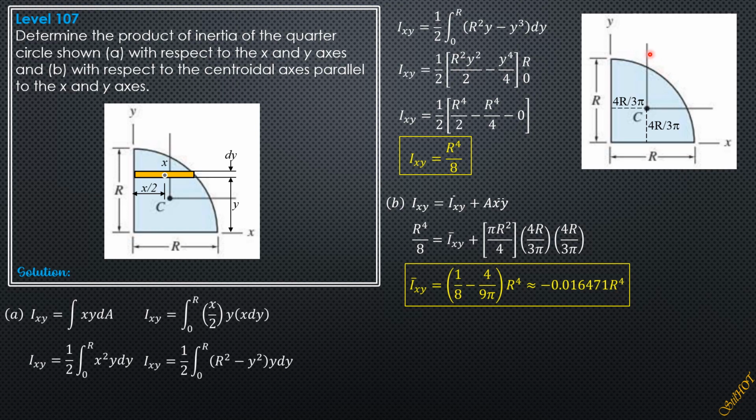It is negative because with respect to the centroid, most of the area lies in the second quadrant. This is greater than these two areas here. So that's why it's negative 0.016471 r to the 4th.